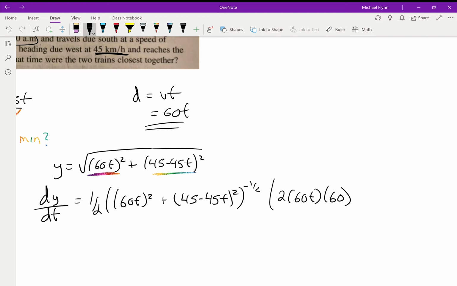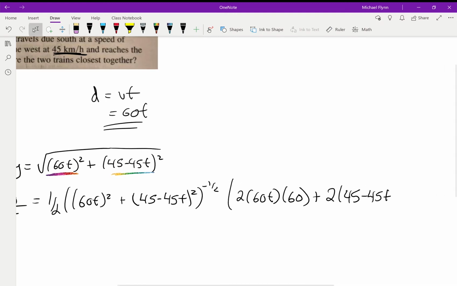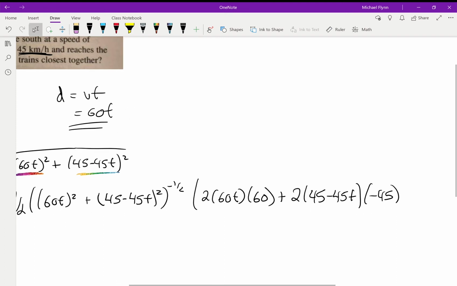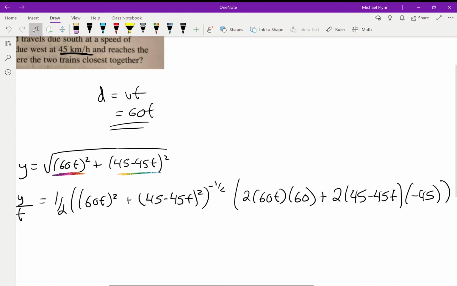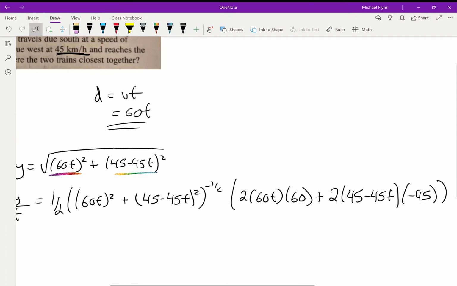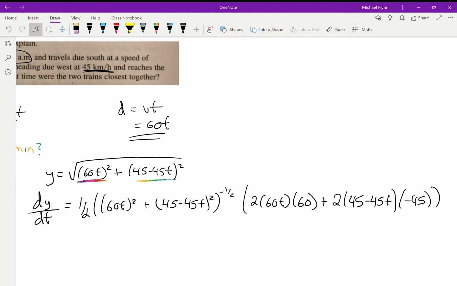So I go plus 2 times (45 minus 45t), like that. And then times the derivative of what's inside, that's negative 45. Okay? So that big long expression there, that's your derivative.